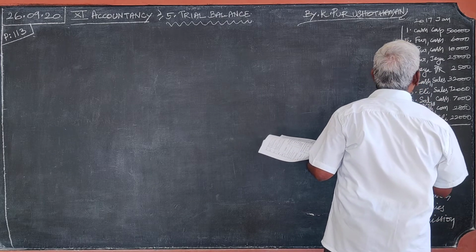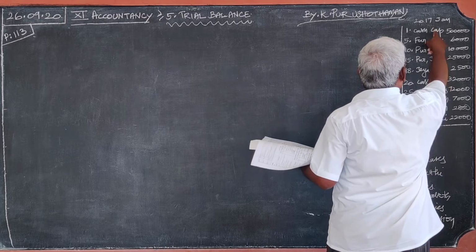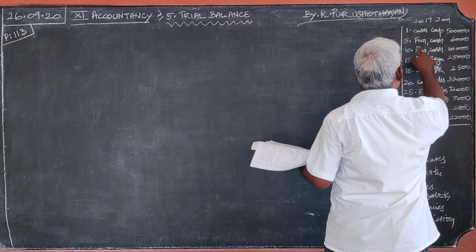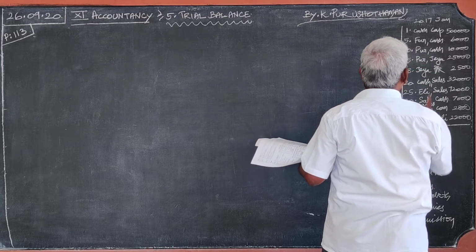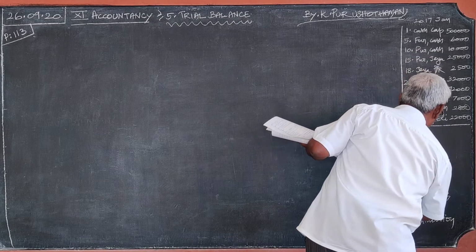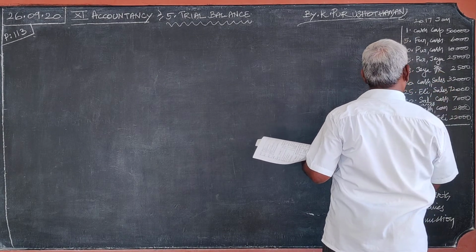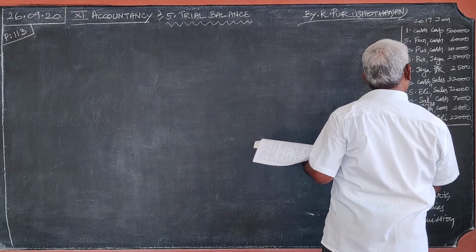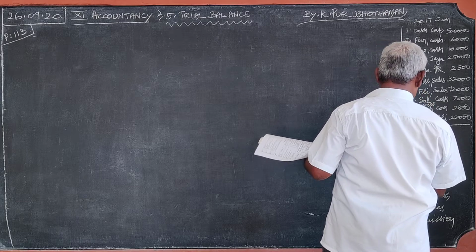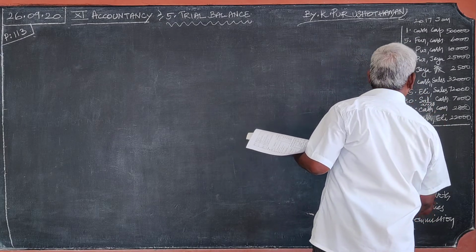So cash we have written, capital we have written, furniture we have written, purchases we have written, and Jayanti we have written, and one more thing, purchases return we should write. Next one sales, next one Elizabeth, then next one salaries, next one commission.